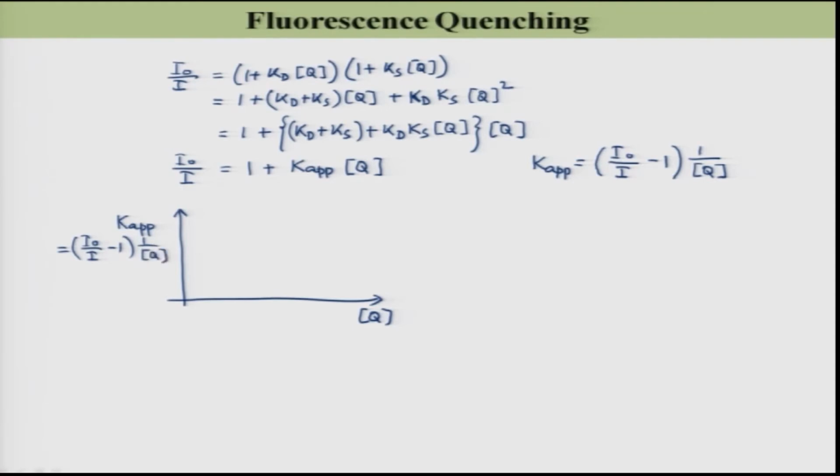So, if I plot K apparent versus Q, what will I get? I will get simply a straight line, because here you see K apparent versus Q, and the intercept will be, here you see, here is my K apparent, let me highlight it.